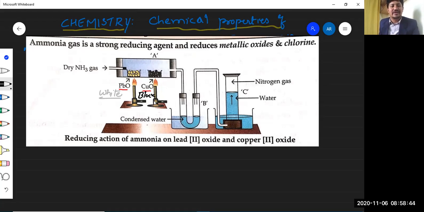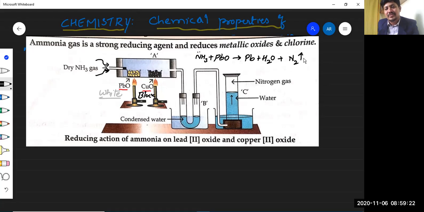When we heat both oxides at the same time, we pass ammonia gas through the inlet. When ammonia NH3 passes over the heated copper oxide as well as lead oxide PbO, because ammonia behaves as a reducing agent, it reduces lead oxide into lead metal, and also it produces water vapor along with nitrogen gas.